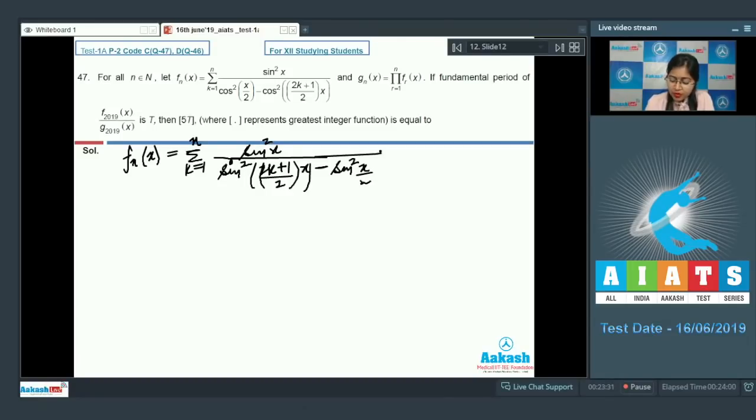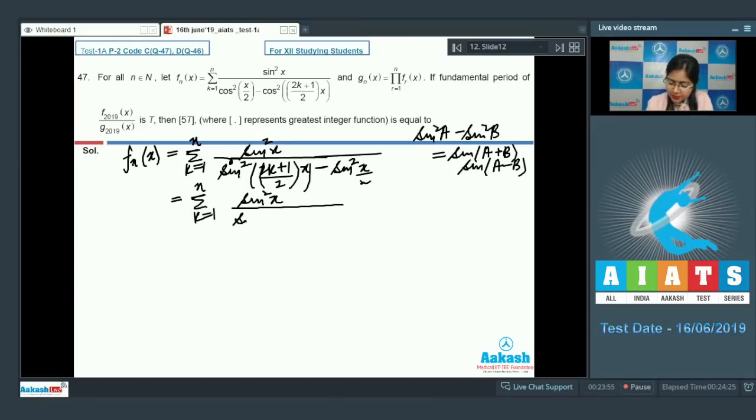Right? Now, we know the formula of sin square a minus sin square b. This is equal to sin of (a plus b) into sin of (a minus b). So applying it here, we will get it equal to summation k equal to 1 to n of sin square x divided by, here we will get sin of (a plus b), so we will get sin of kx multiplied with sin of (k plus 1) into x.